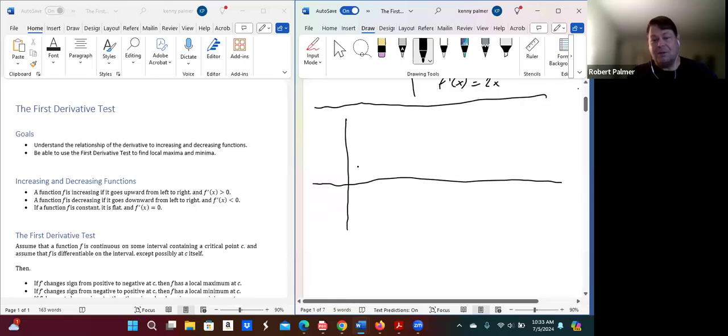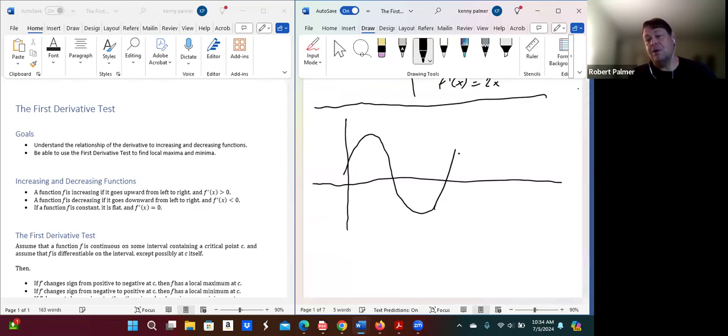Now more in general, let's imagine a made-up function here with several features. So let's say we have a function that looks like this. Okay, this is our function f of x, and there's a lot going on.